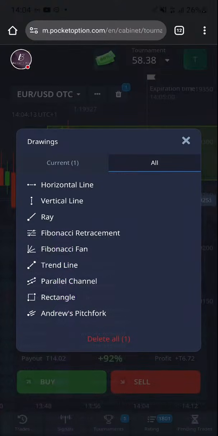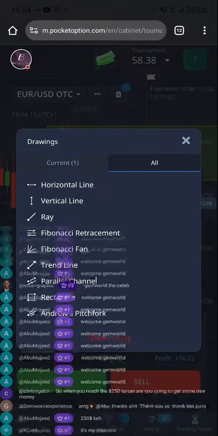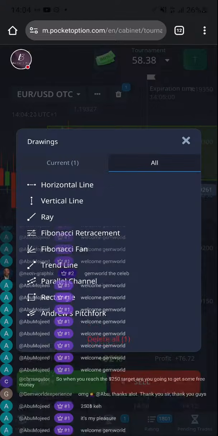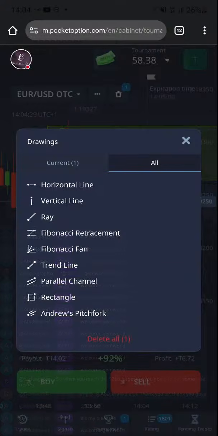No. Now the way the tournament works, I was explaining the other time, is that the tournament lasts for 12 hours. At the end of the 12 hours, when the tournament closes, the people who get the prize are the first three highest balances.